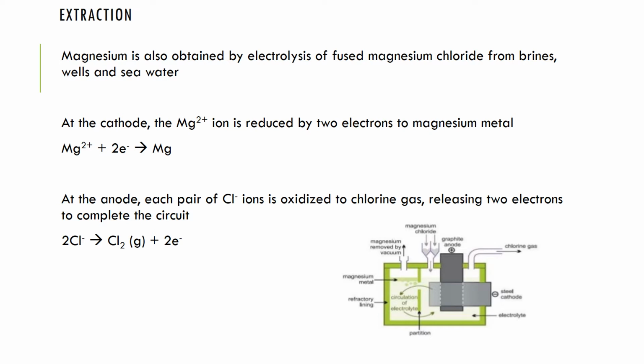Now, in exactly the same way as we saw sodium being extracted in the Downs process, you can also do exactly the same with magnesium. So you can also obtain magnesium from seawater.